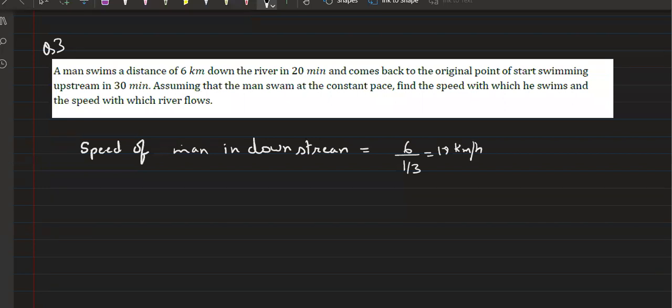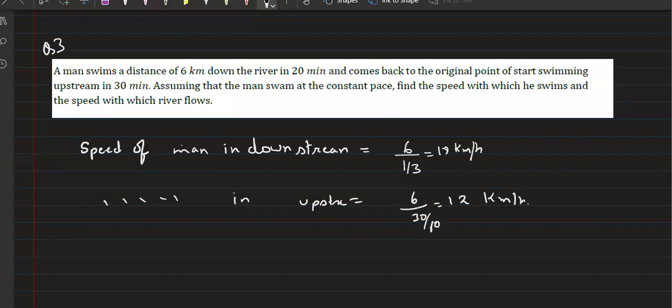Yes or no? 18 kilometers per hour. And the speed of man in upstream is given as what? 6 by 30, which is 6 by 30 by 60, 12 kilometers per hour.